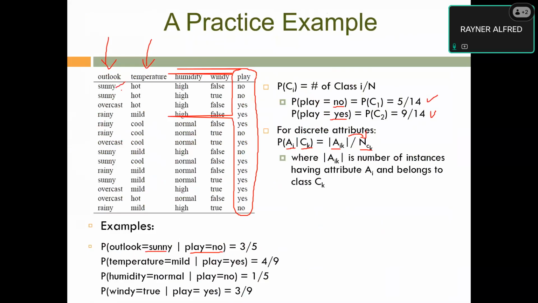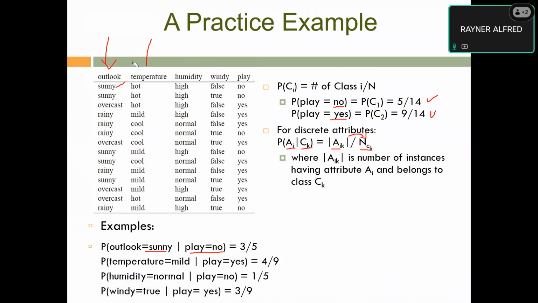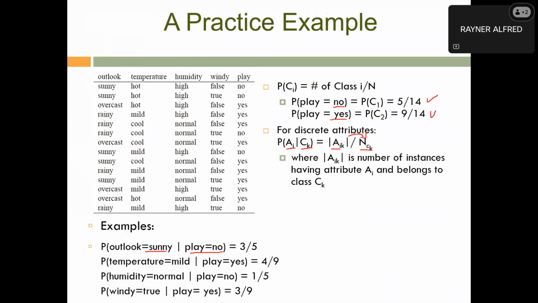So the sunny is one. So we're looking at the play equal to no. We look 1, 2, 3, 4, 5.